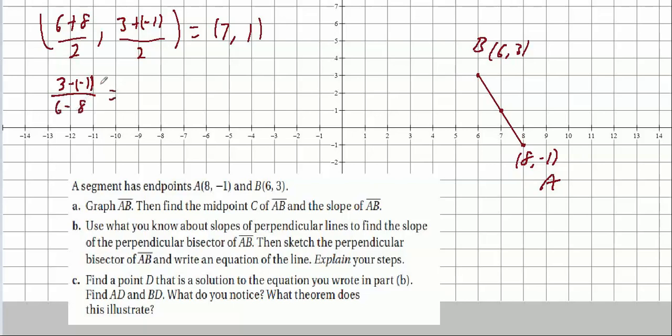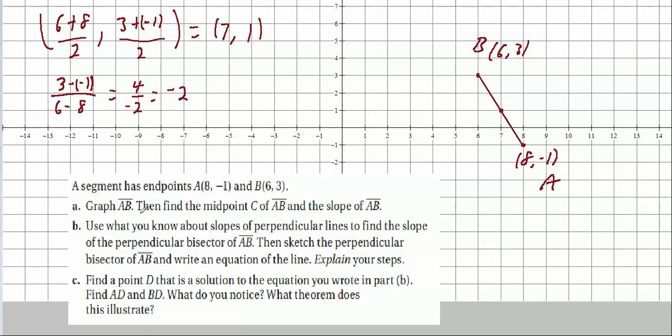So that's 4, and that's minus 2. We have a slope of minus 2. Okay, pretty easy so far, right? Rise over run, average of the x-coordinates, average of the y-coordinates. Now, what other outrageous questions are they going to ask us about this here line segment?